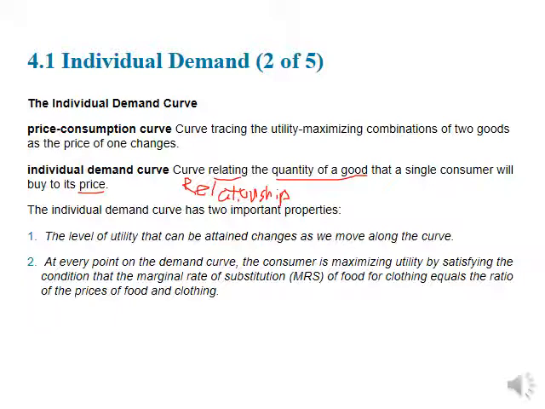So now that we've derived a demand curve, we can identify two important properties of demand, and in particular of individual demand. One is individual utility changes as we move along the curve. Note how this comes from our well-behaved preference properties that we talked about.